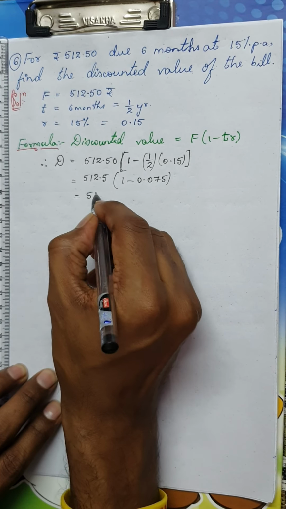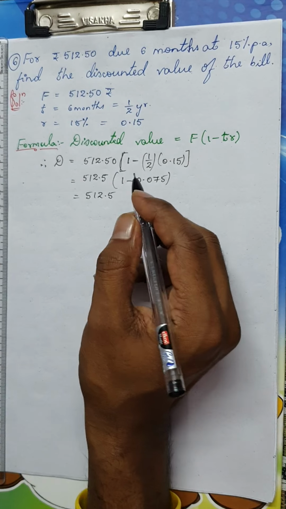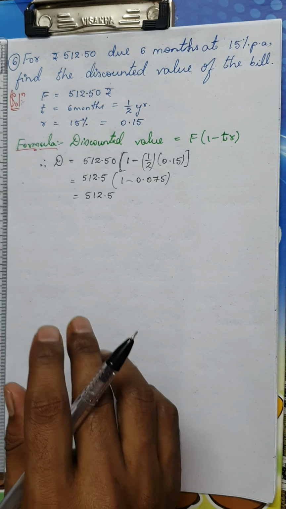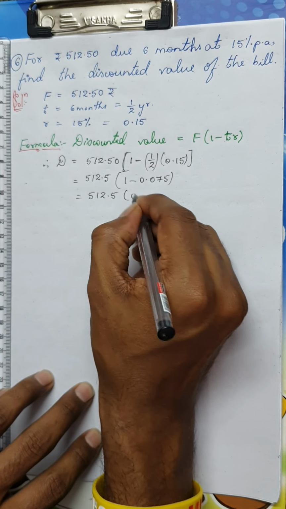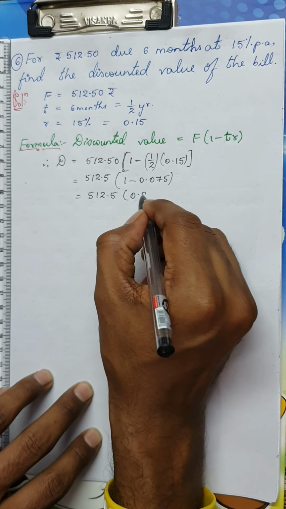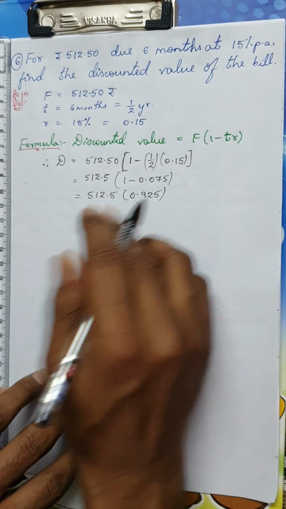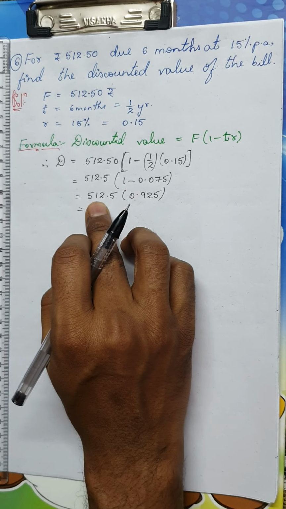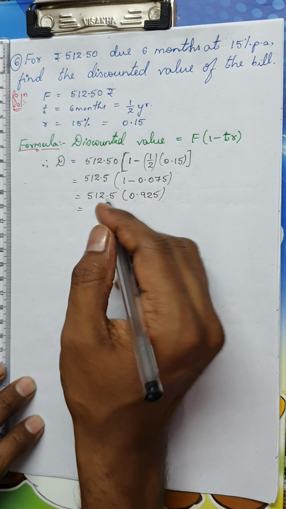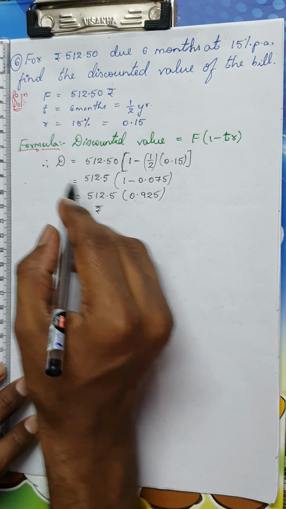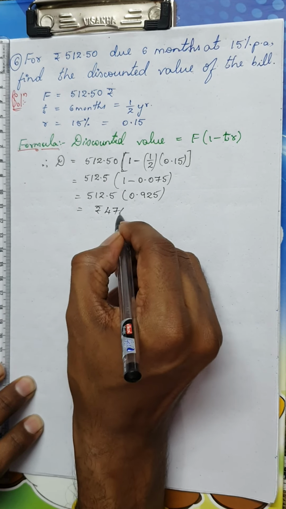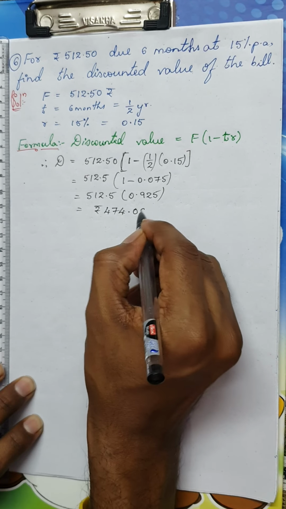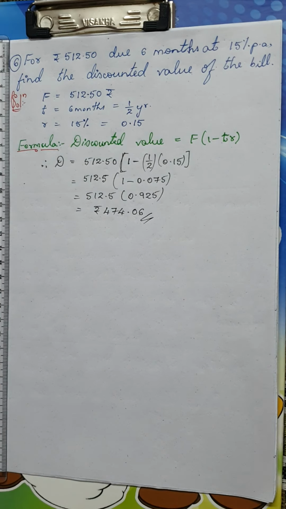So this is 512.5 into, if you subtract this from 1, you are going to get 0.925. Now it's a direct multiplication. 0.925 into 512.5. You will get the discounted value as rupees 474.06 approximately. So this would be the final answer for the given question.